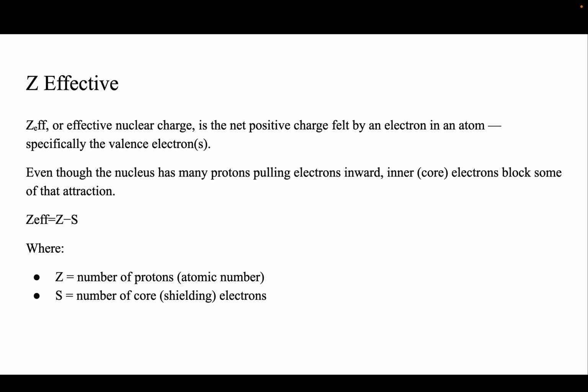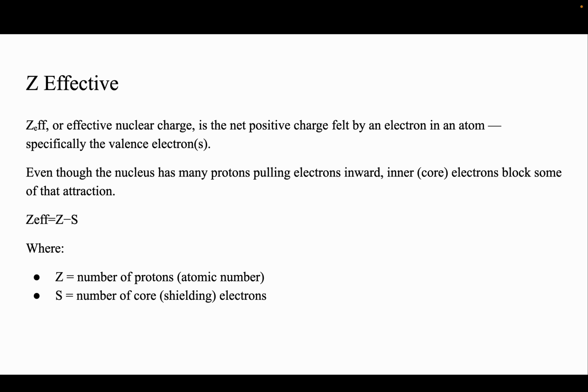Z effective. So Z effective, or the effective nuclear charge, is the net positive charge felt by an electron in an atom. So how much positive charge is an electron, specifically a valence electron, experiencing from the nucleus? Even though the nucleus has many protons pulling electrons inward, the core electrons block some of that attraction.